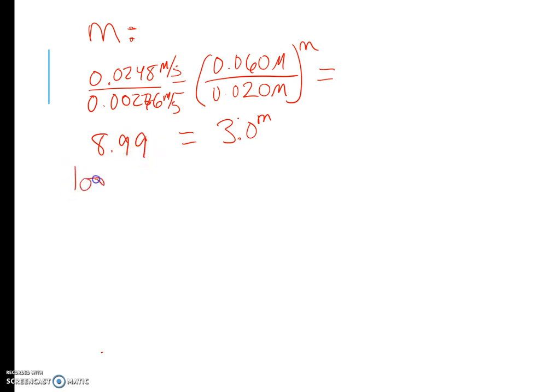We took the log of both sides, and then we can bring the m down, so that's all multiplied by m. Following the sig fig rules that we just learned, we have 3 sig figs in 8.99, so our answer will have 3 sig figs.